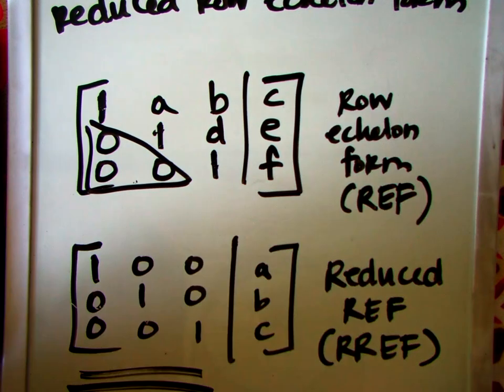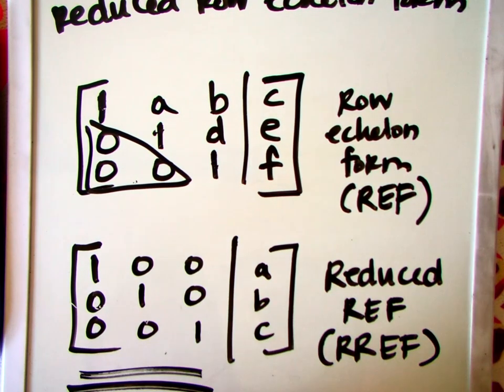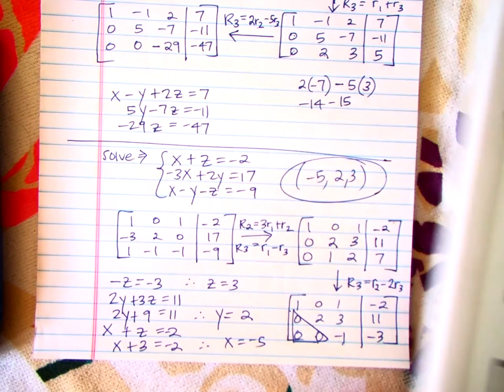We're going to do one by hand, and then I'm going to show you how to do this on a calculator. So we're going to solve a new system of equations by putting it in reduced row echelon form.